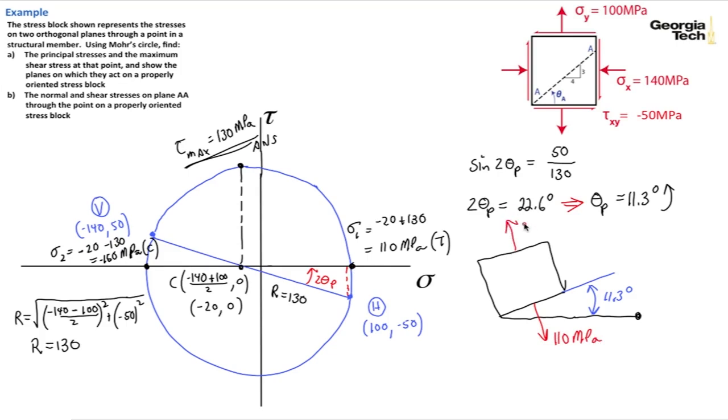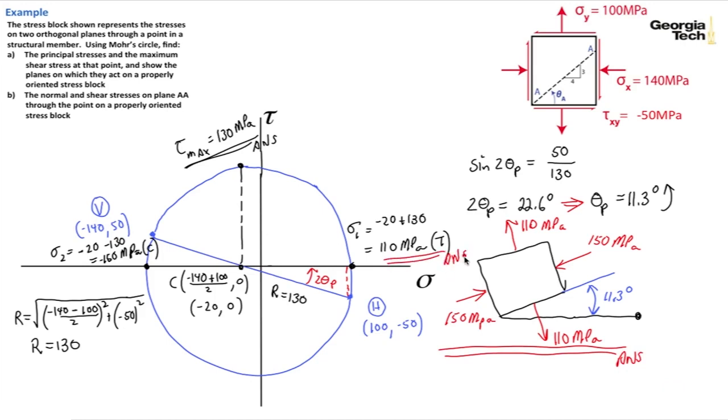And that's on the other horizontal face as well. And if we go another 90 degrees on our stress block, we have a second principal stress of 150 megapascals in compression. And that's that point there. And so that's the answer to the properly oriented stress block. And here again was our principal stress 1 and our principal stress 2.